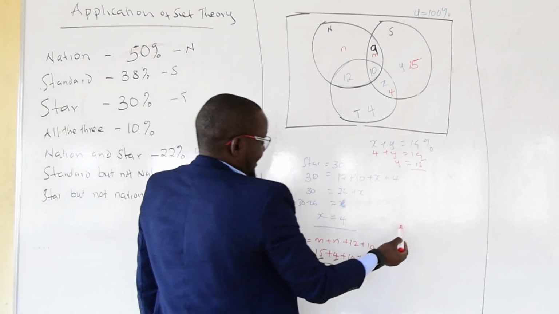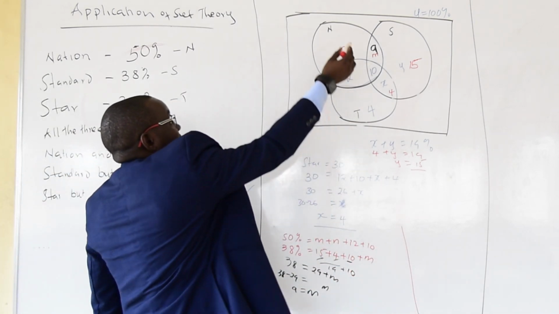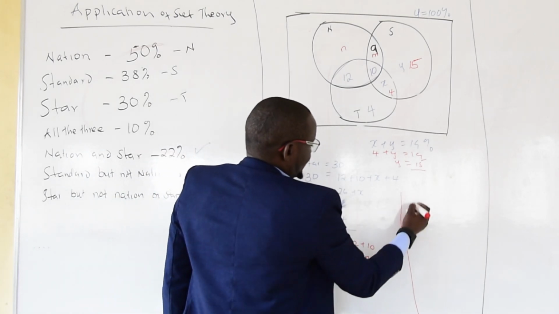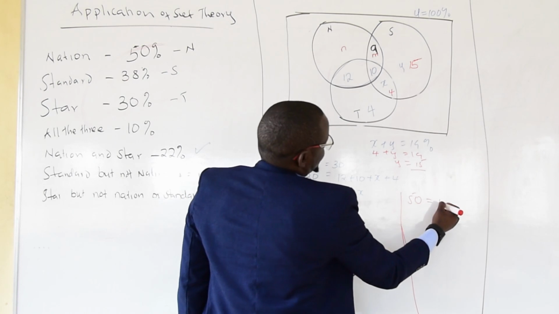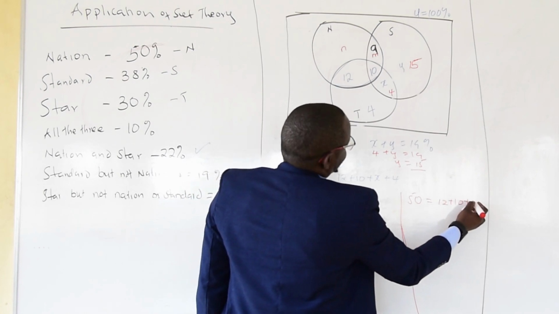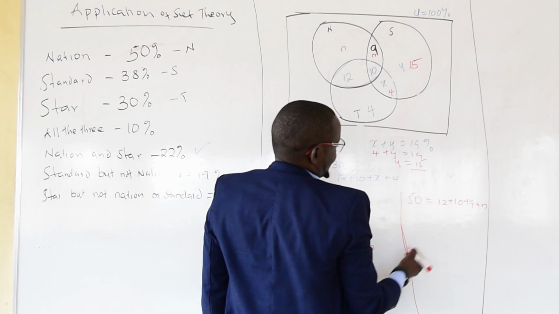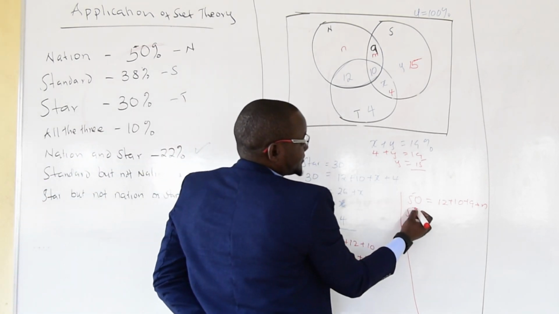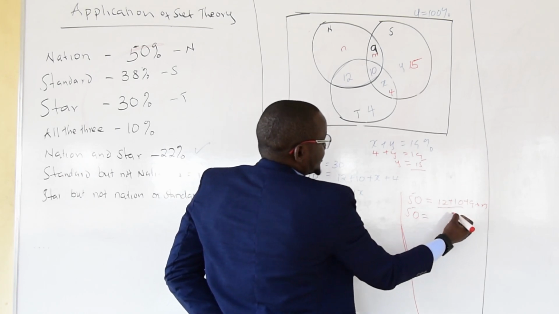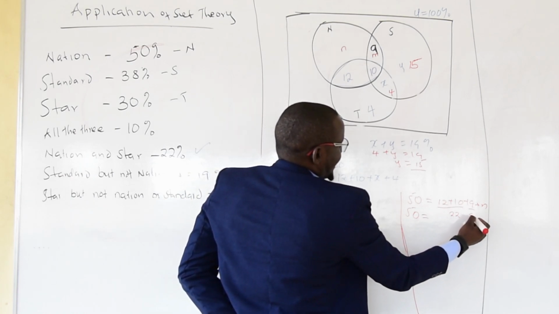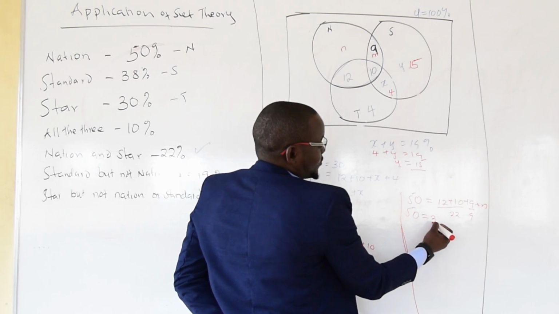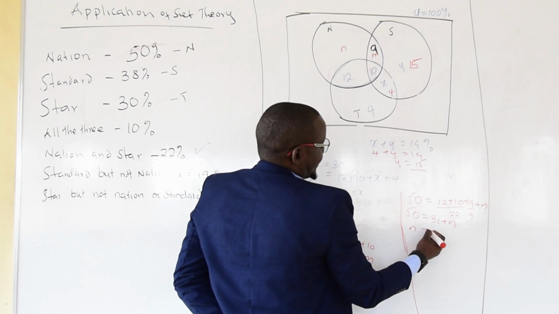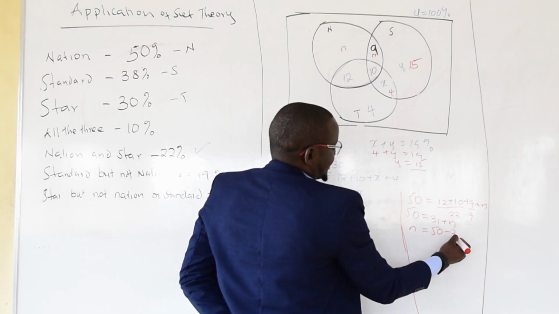When I know that region is 9, and I know the entire circle for Nation is supposed to give me 50%, I say 50 equals 12 plus 10 plus 9 plus N. So 50 equals, this is 22 plus 9, so that gives you 31 plus N. This means that your N is 50 minus 31.